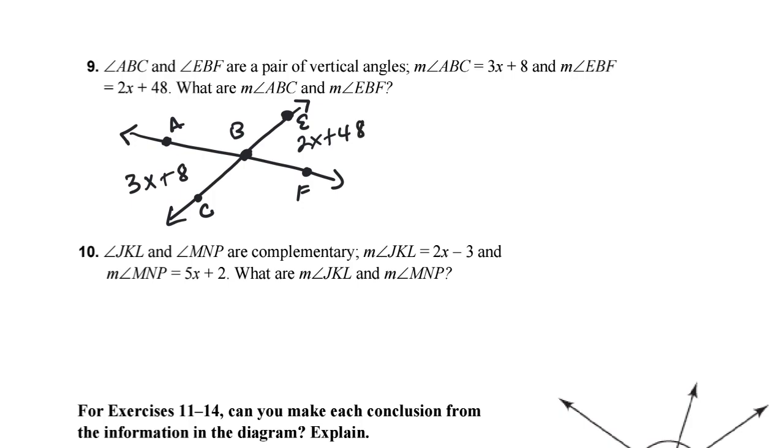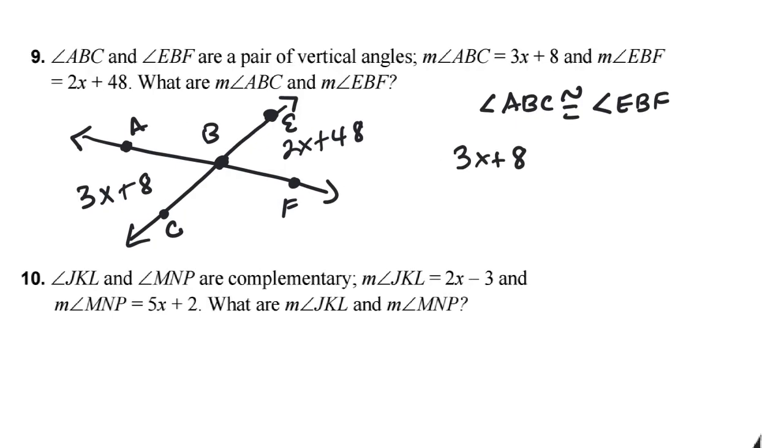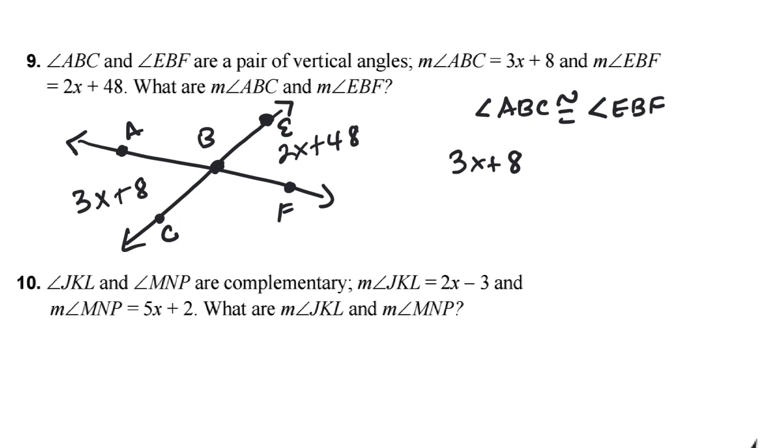Now I know that vertical angles are congruent. I know that angle ABC is congruent to angle EBF. So the measurement of angle ABC is going to be 3x plus 8, and the measurement of angle EBF is 2x plus 48.